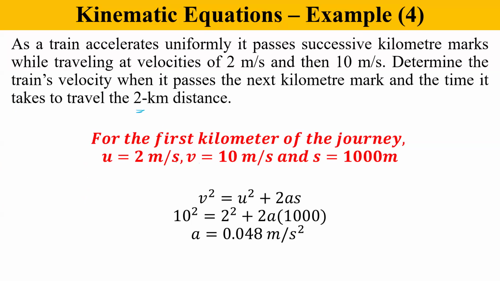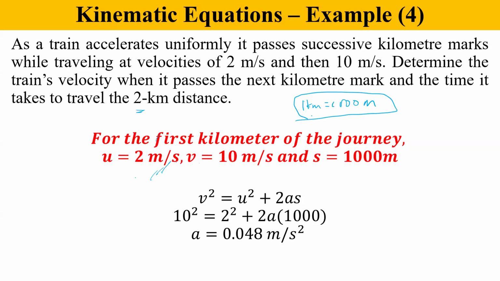How many meters make a kilometer? 1,000. Right. And they tell you that it's 2 successive ones. So say 1 kilometer. All right, so that's what it means right there.